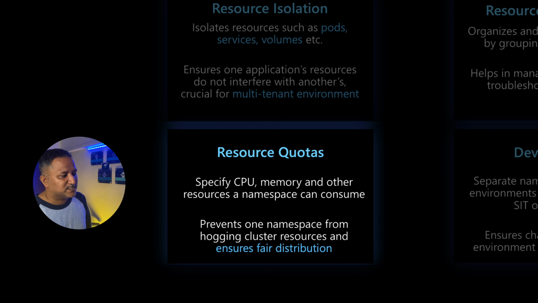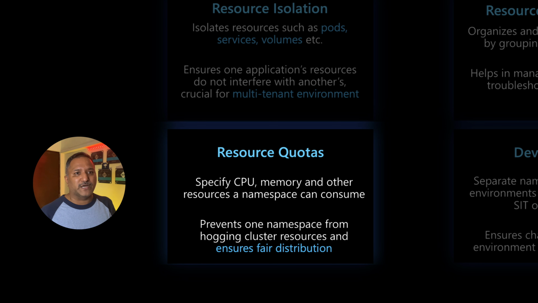The next use case where we can use namespaces is to have resource constraints and resource limitations by means of resource quotas. In Kubernetes, there is this concept of allocating and assigning resources by specifying a quota for CPU, memory, and other resources. This allows us to have better utilization of the cluster.